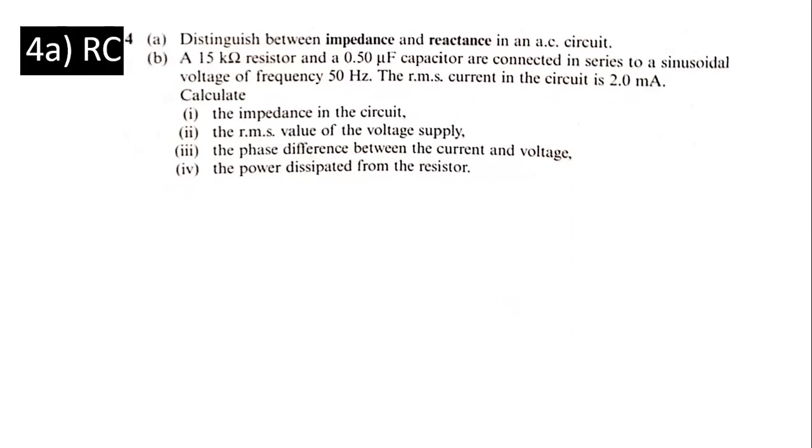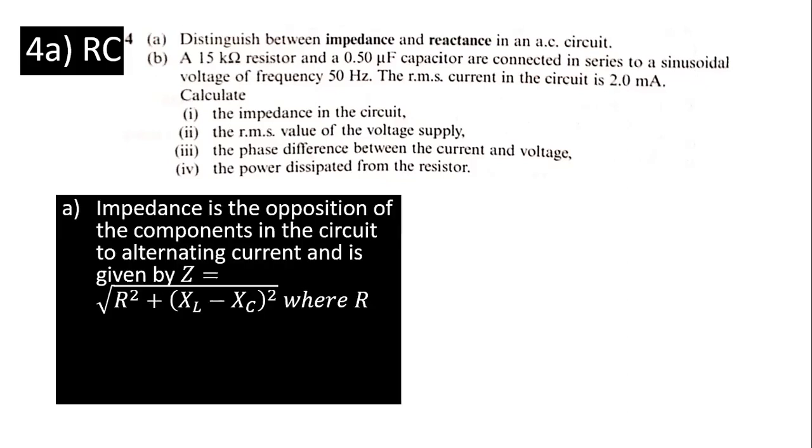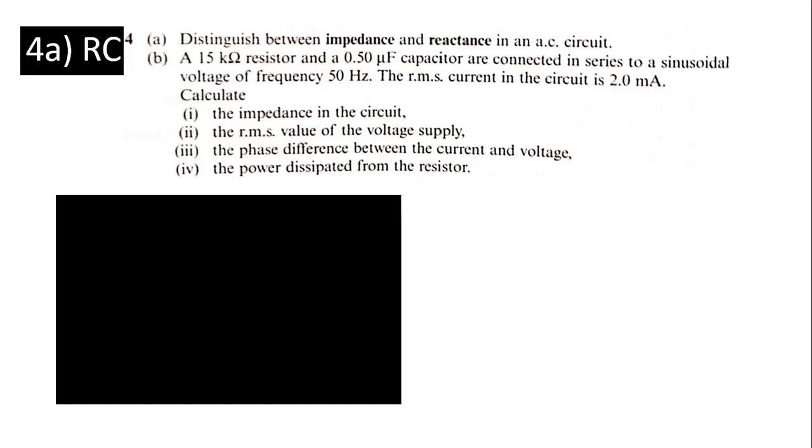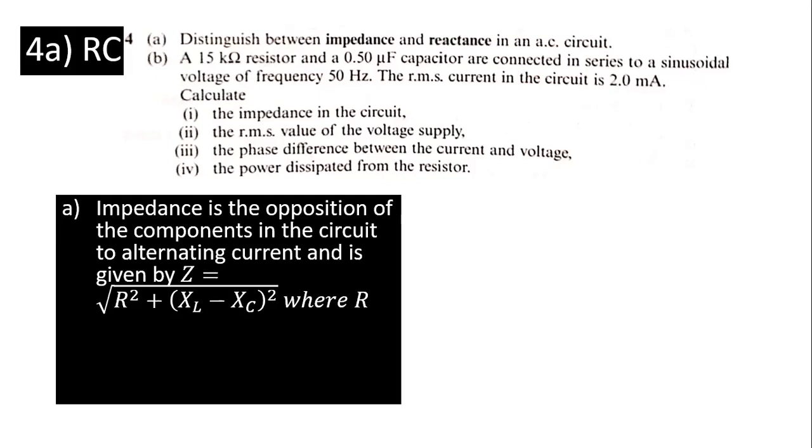What is impedance? 1 over 15 times 10 to the power of 3 times 0.50 times 10 to the power of -6, then you get that. You are asked to distinguish between them first before you calculate.